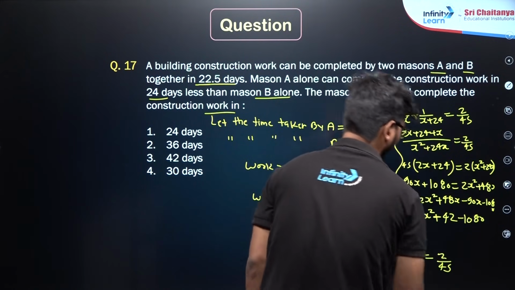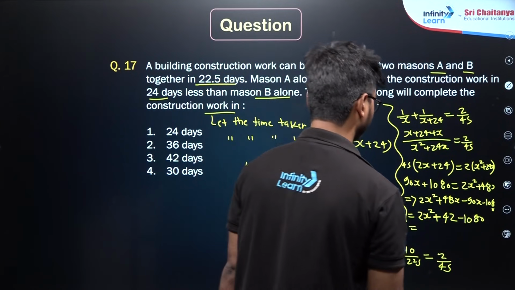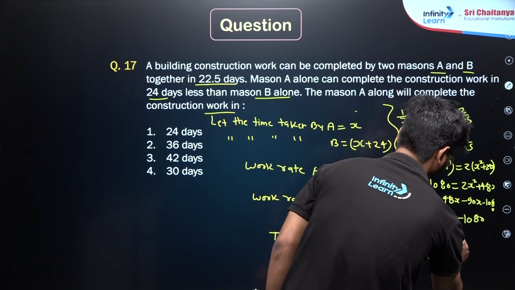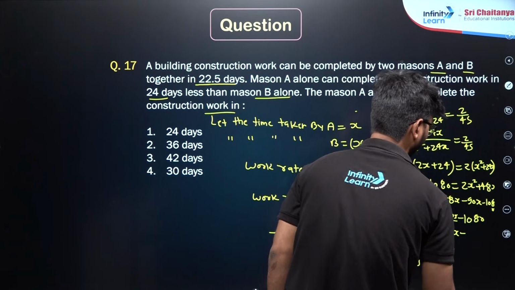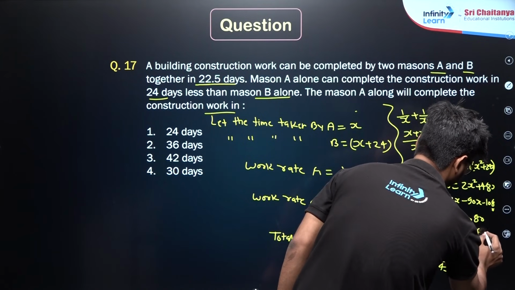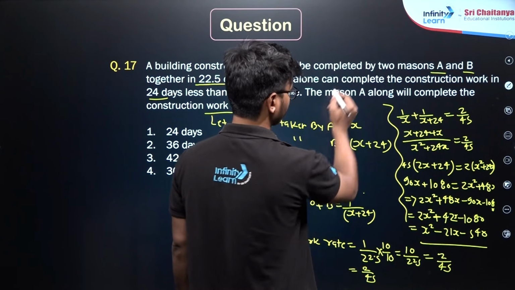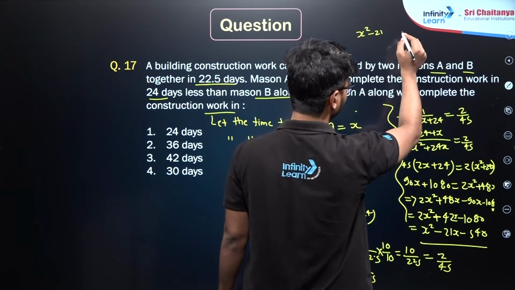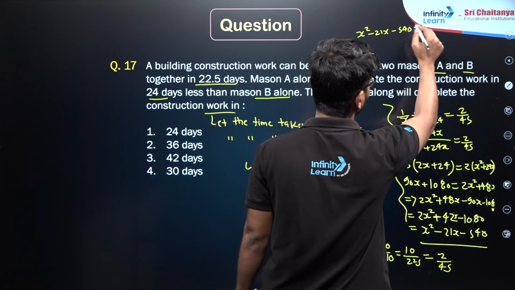Again I can divide throughout by 2, so it will be x square minus 21x minus 540. So we are getting an equation that is x square minus 21x minus 540 equals 0.